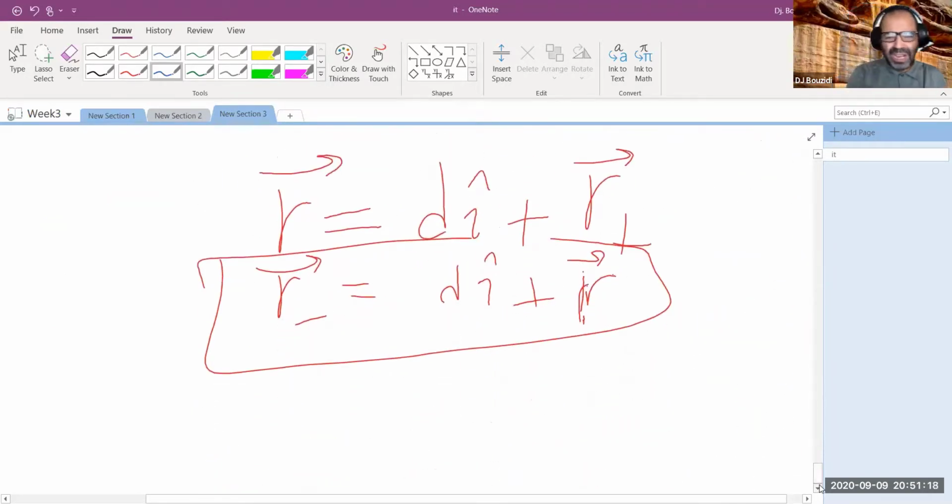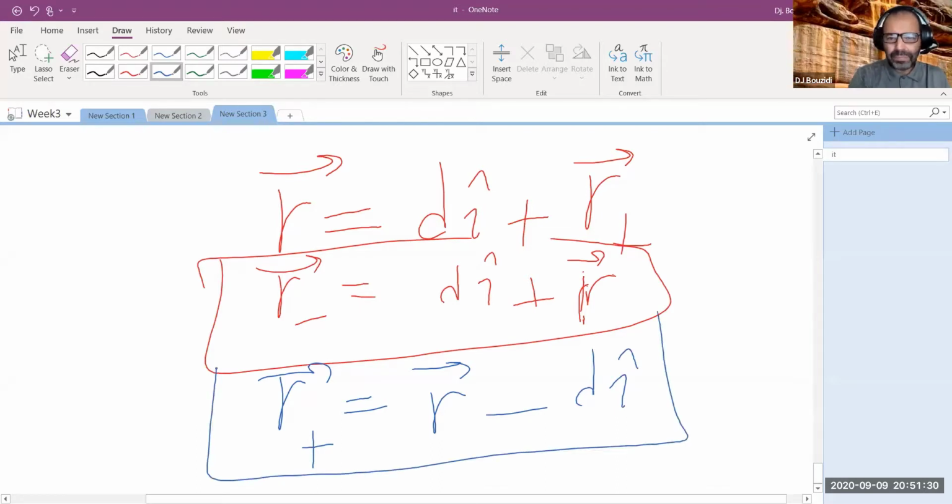So in a similar fashion, R plus as a vector will be R minus DI. Now, empowered with these two expressions, we're going to use the dot product to find their squares and take their square roots to find the distance.